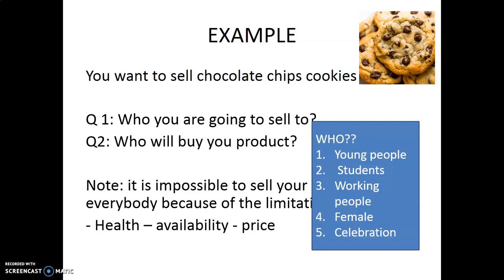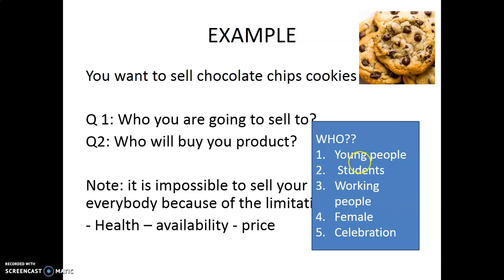So first, you are going to decide who is going to buy your product. Now let's assume these 5 people are your target market. You are aiming your chocolate chips cookies at these 5 people. Number one is young people. Young people love sweets. Students are also young people. Or working people, they need to munch in order to think and work.